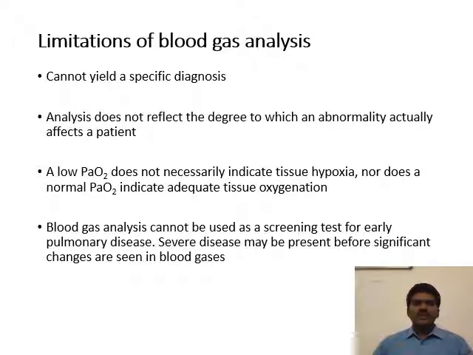A low PaO2 does not necessarily indicate tissue hypoxia, nor does a normal PaO2 indicate adequate tissue oxygenation. Blood gas analysis cannot be used as a screening test for early pulmonary disease. Before you see any changes in the blood gases, there is already a severe pulmonary disease.